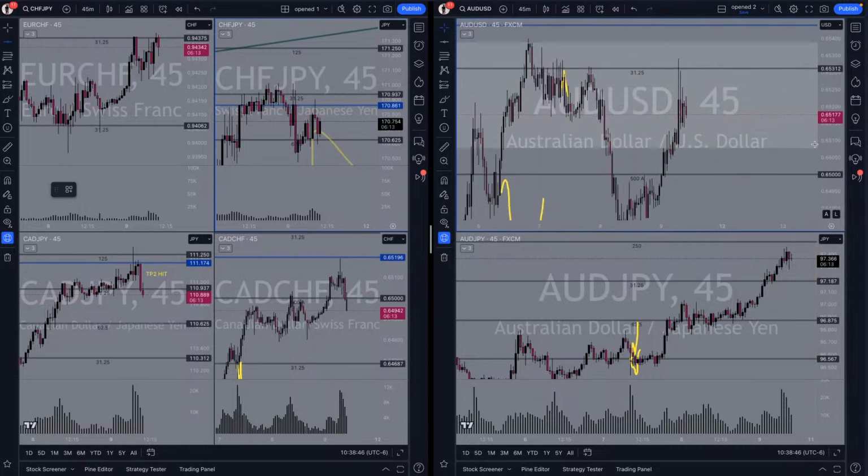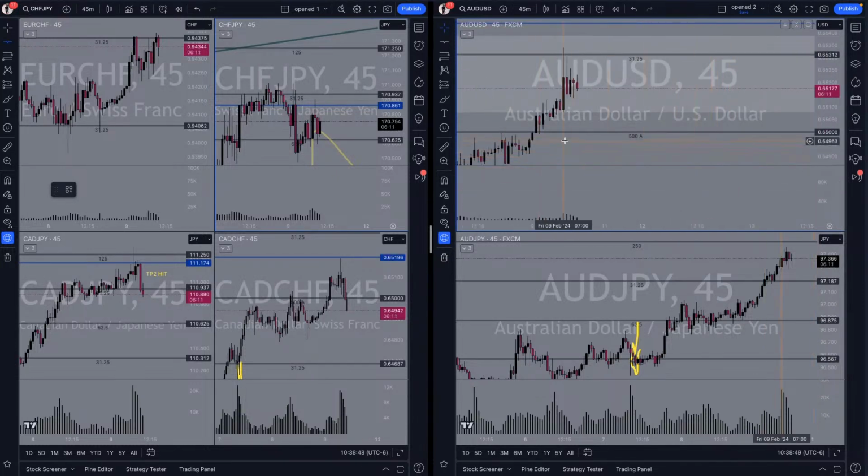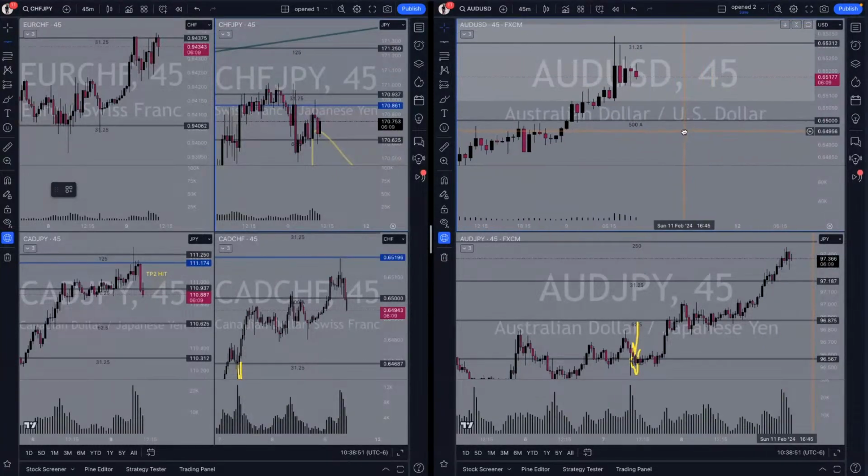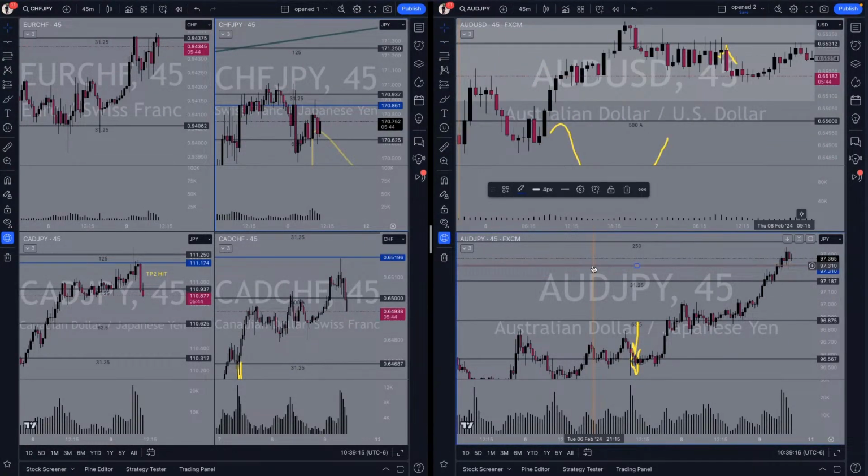Let's see what the volume is doing. It's doing like a triangle right there. Okay, let's see where's the stabilization.